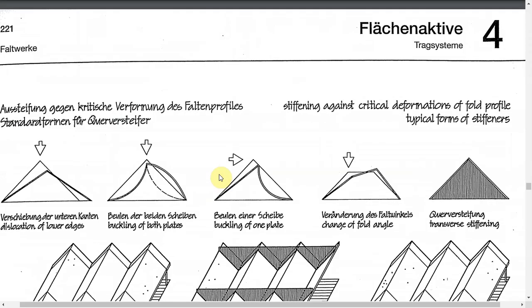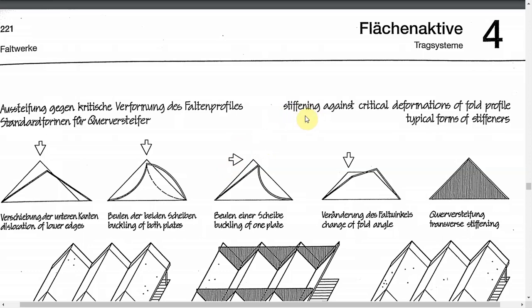Now, how does a surface active structure system of folded plates resist the stresses? First, what are the different types of stresses it has to resist?